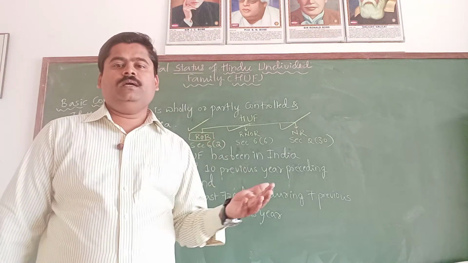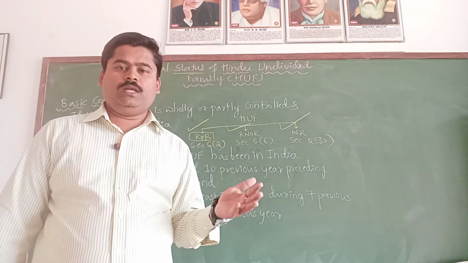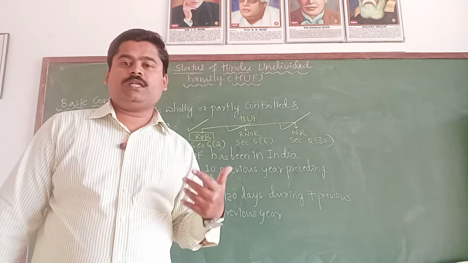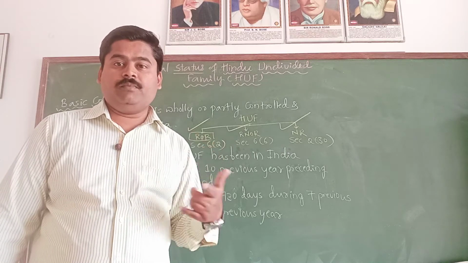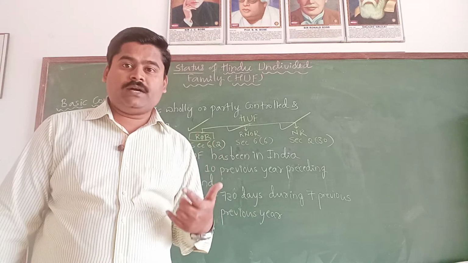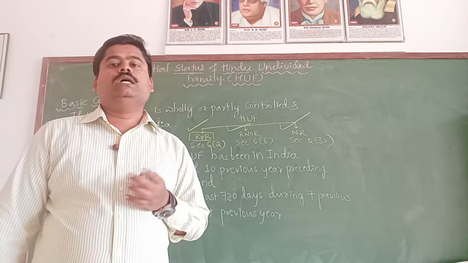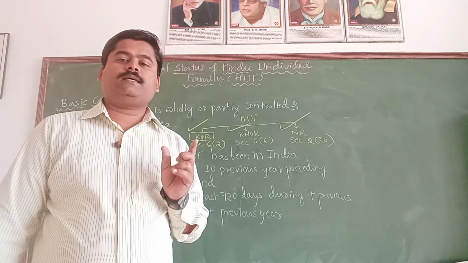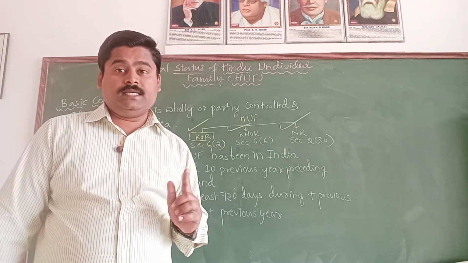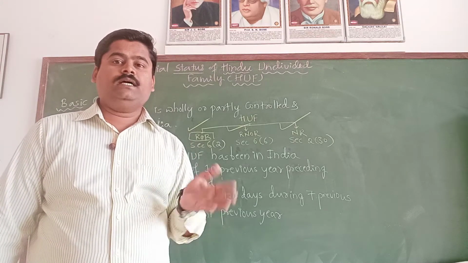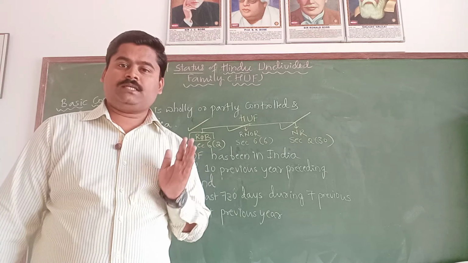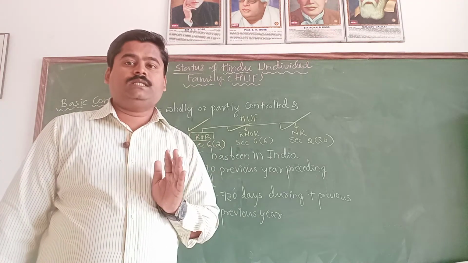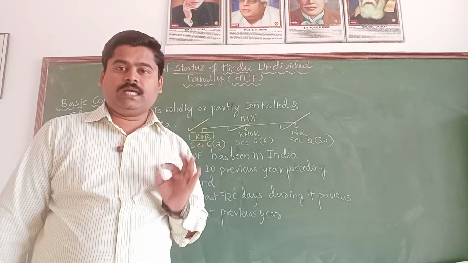For the individual you have seen three different types, and here also, with respect to the Hindu undivided family, you will find three different types. What are those? Resident, ordinarily resident, Section 6 subsection 2; resident, not ordinarily resident, Section 6 subsection 6; and third, the non-resident, Section 2 subsection 30.